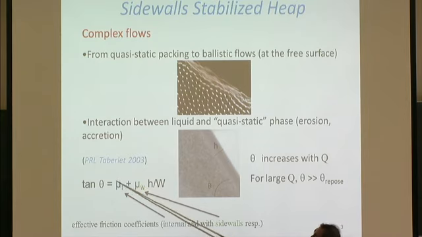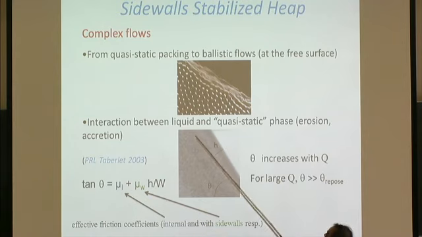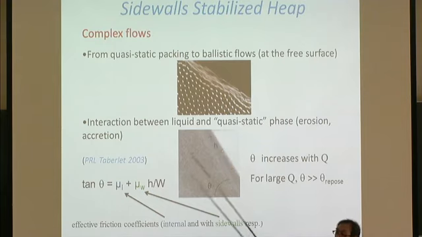And there are coefficients here. One of them is the effective friction coefficient, which corresponds to mu of I, the friction between the flowing part and the static part. The other coefficient corresponds to the friction between the flowing part and the walls.